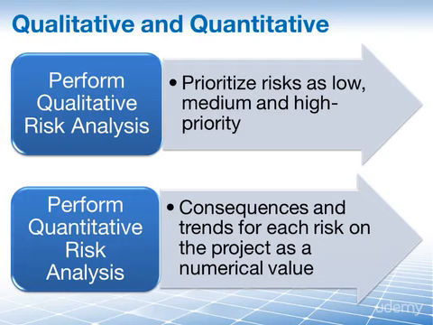Once we have a value for the risk, we can then assign an order of priority and focus our attention on the most important risks first. So, step 1, which risks are low, medium, and high priority, and then step 2, perform quantitative risk analysis. There we're assigning a numerical value to each risk so that we can sort it by priority.